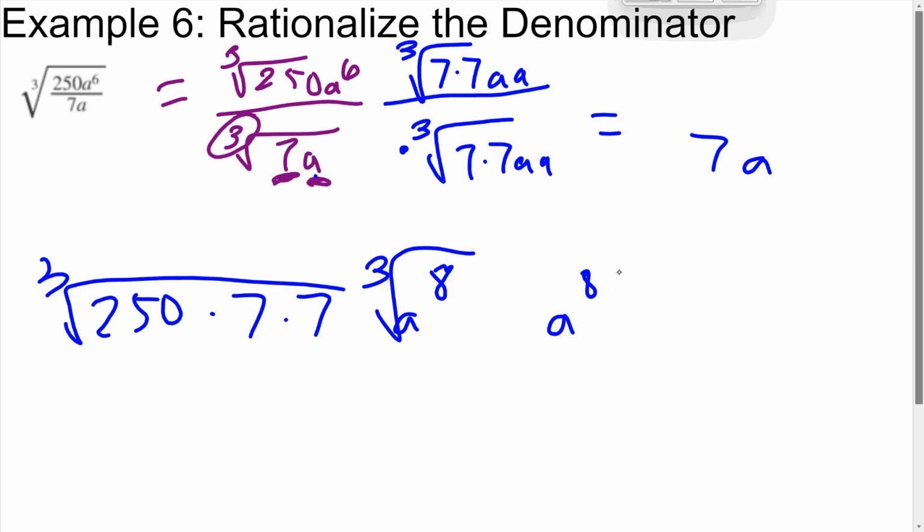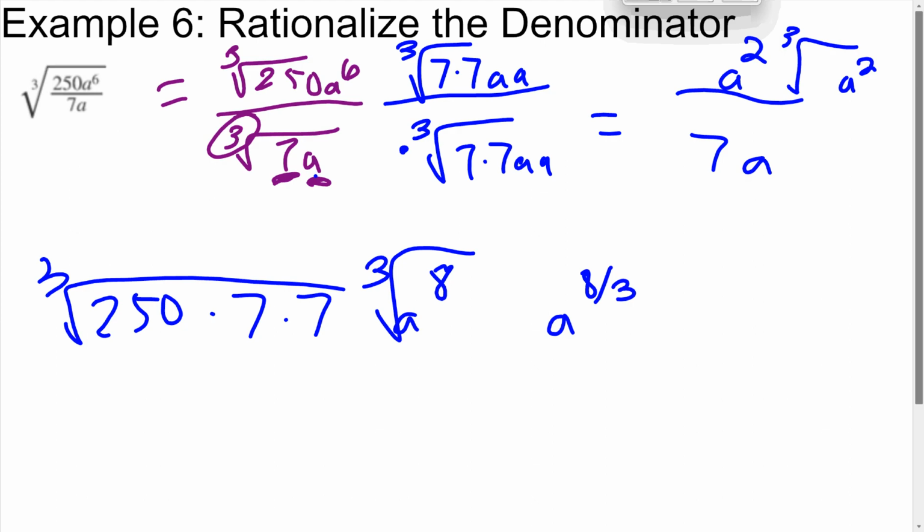So a to the 8th over 3 goes in evenly twice, with the remainder of 2, right? Cube root of a squared.